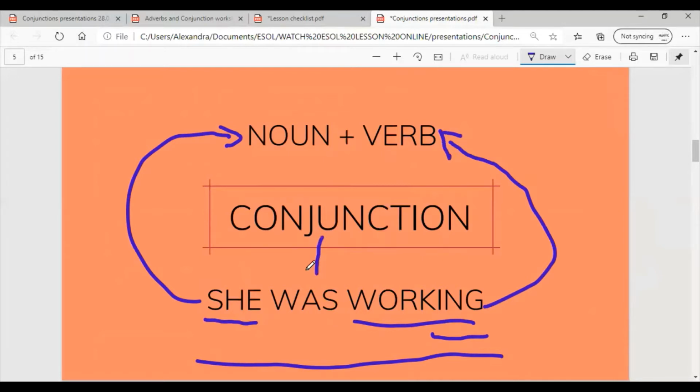Now "was" is our connecting word that is connecting together the noun and the verb. So "she" is our noun, our verb is "working", and the conjunction in this sentence, connecting together these two words, is the connective word "was". You can think of "was" as a bit like a plus symbol or multiply. So "she was working". Without this "was", you would only have "she working", which wouldn't make as much sense.